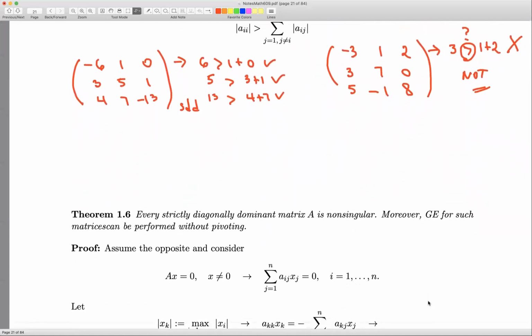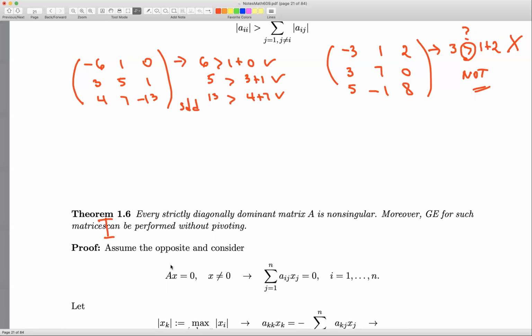Now, what is the theorem? The theorem says that every strictly diagonally dominant matrix is non-singular. And moreover, if we apply Gauss elimination to such matrices, it can be performed without pivoting.